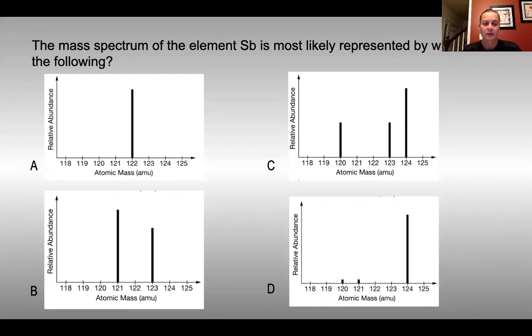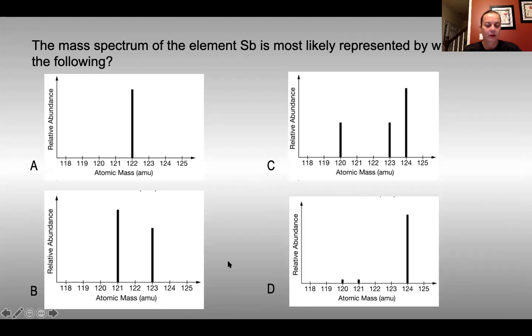Okay, one last question. The mass spectrum of the element is most likely represented by which of the following? So we're going to find our periodic table, and we're going to look up that element. There we go. It tells us its average atomic mass is 121.76.